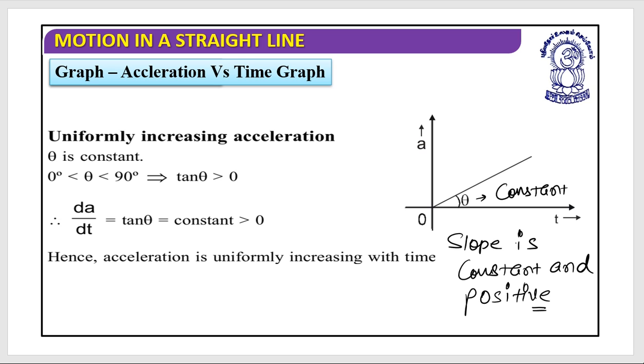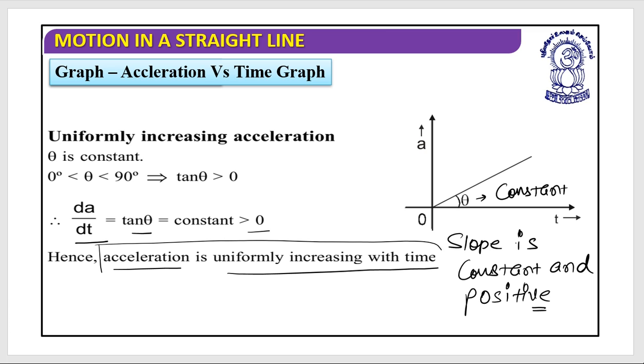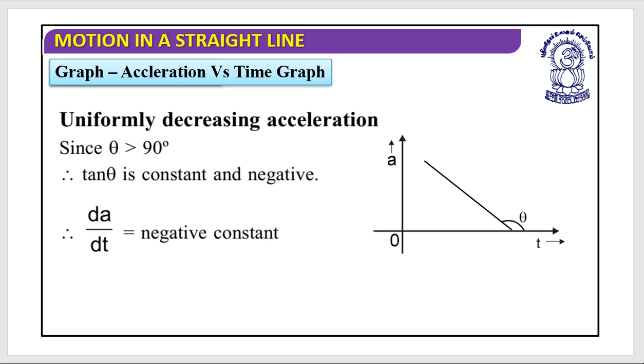So this represents that dA by dt should be tan theta and it should be greater than 0. So this represents that acceleration is uniformly increasing with time. Acceleration is increasing uniformly.